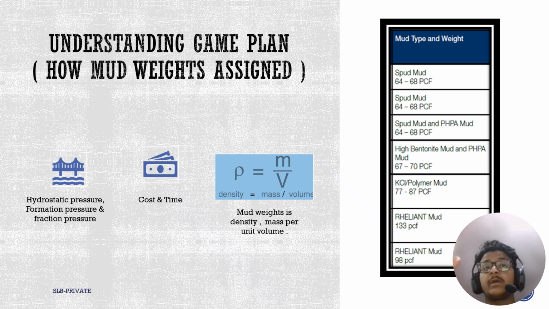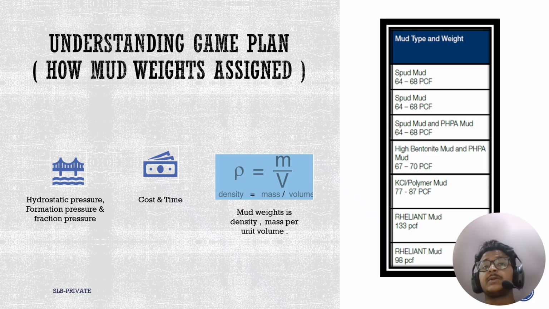On the other side, if formation is higher than the hydrostatic, kick and flow out will occur. So we need to balance the pressure. Of course, as you know, hydrostatic pressure is the mud weight pressure through the true vertical depth, and the formation pressure is the formation kicking back pressure.